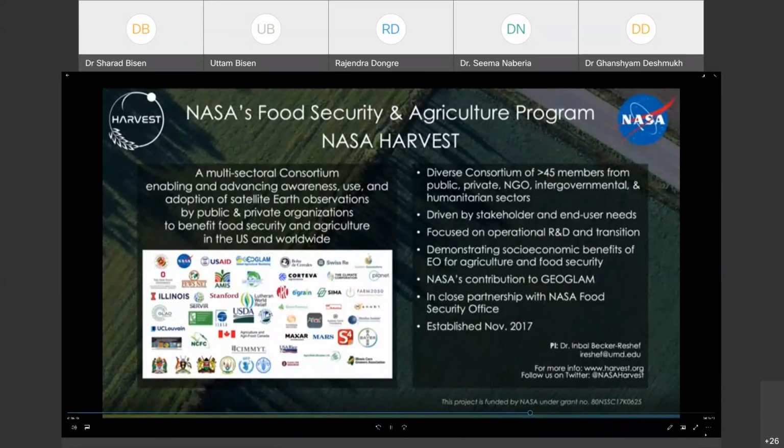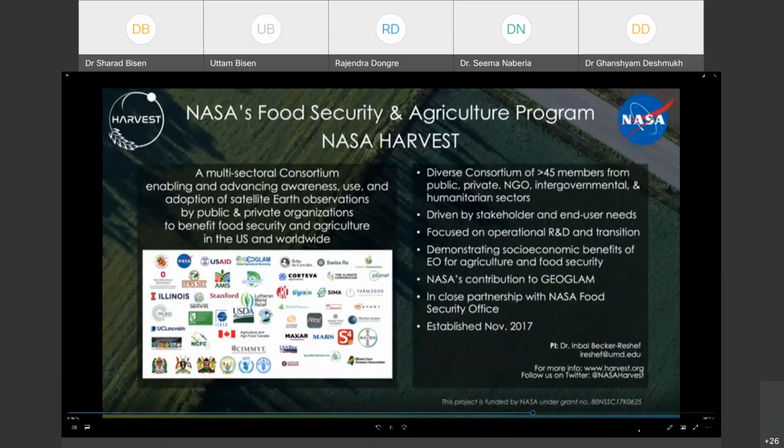Harvest is enabling and advancing awareness, use, and adoption of satellite Earth observations by public and private organizations to benefit food security and agriculture in the US and worldwide. One of the strengths of Harvest is that their projects are driven by stakeholder and end user needs. The consortium is focused on operational research and development and the transition of those.